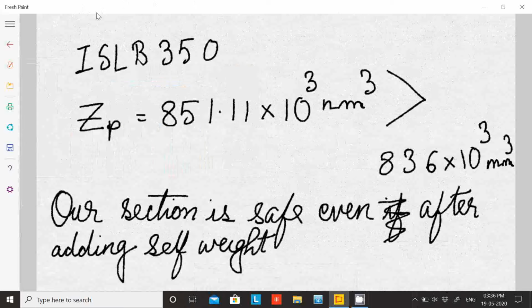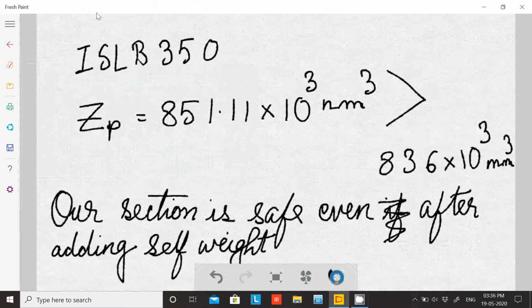Without self weight, we got one ZP value, which was 825 into 10 cube. After adding self weight, the ZP required is actually 836 into 10 cube.